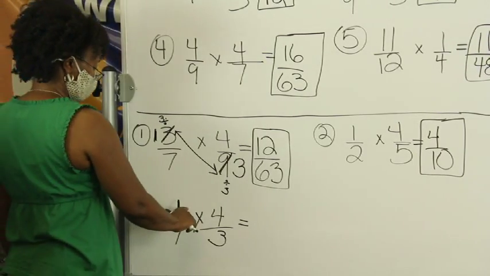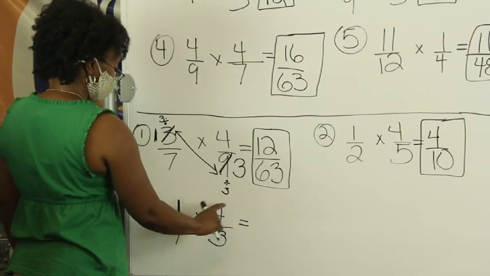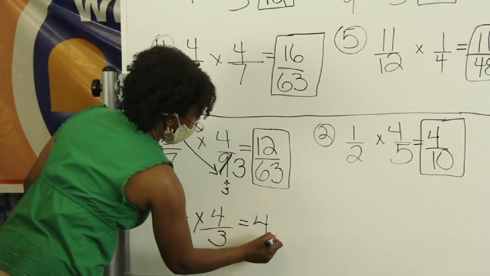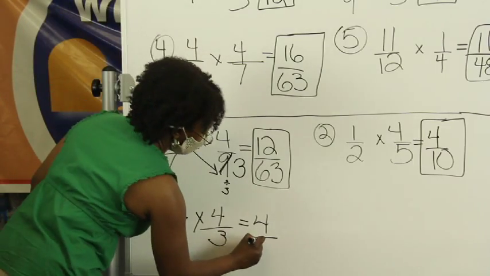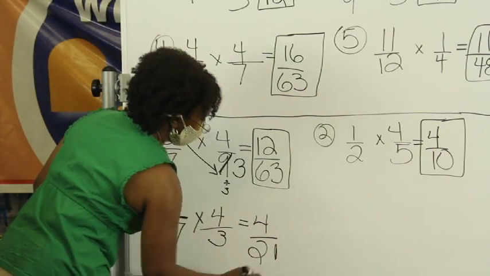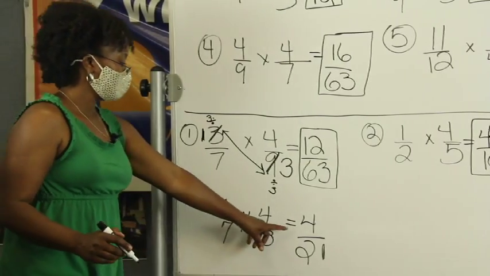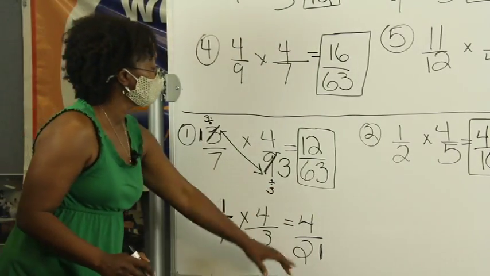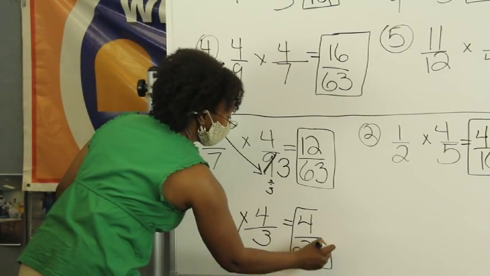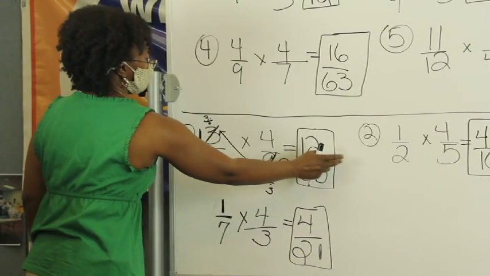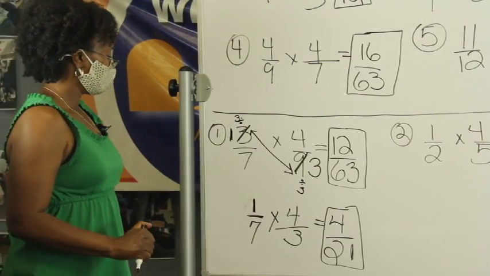So let's go ahead and just solve. 1 times 4 is 4. And then 7 times 3 is 21. Doesn't that look like a better answer, a better version than this one here? A bit simpler, because you would have had to reduce this one, possibly, okay?